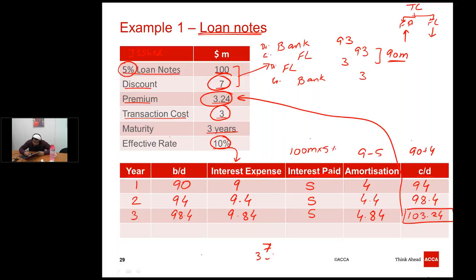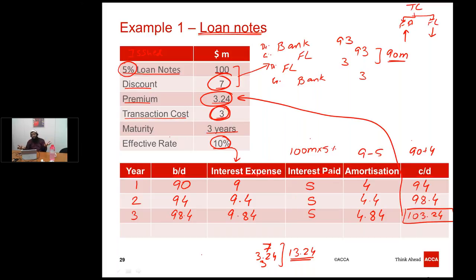This is also an expense to us. We have also given a transaction cost of 3. This is also an expense to us. If we calculate the total expense, it is 13.24. This 13.24 is something extra over and above the interest that we are paying. So this 13.24 is an expense to us.